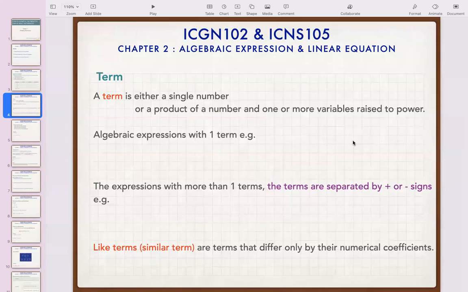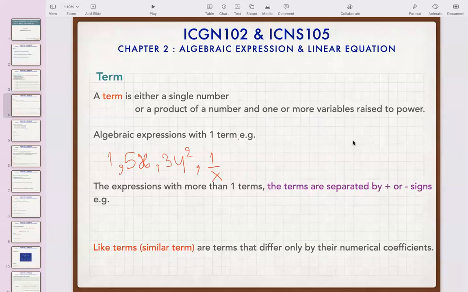So this is an example of an algebraic expression with one term. For example, we have 1, 5x, 3y squared, 1/x. These are what we call one term. Each one we call one term.